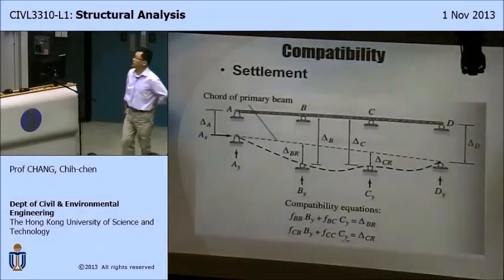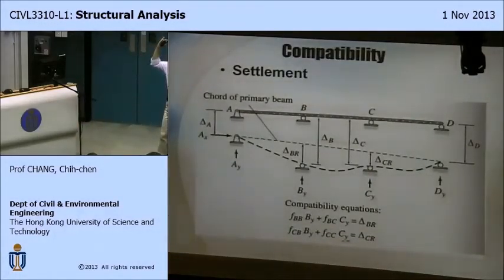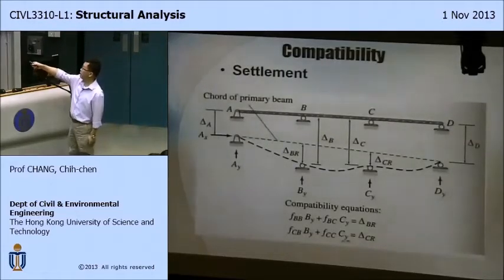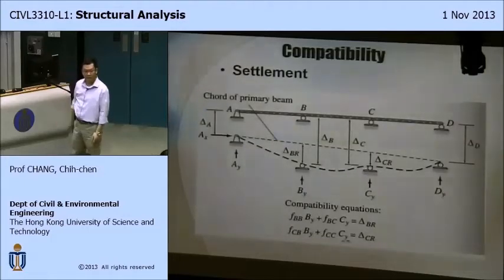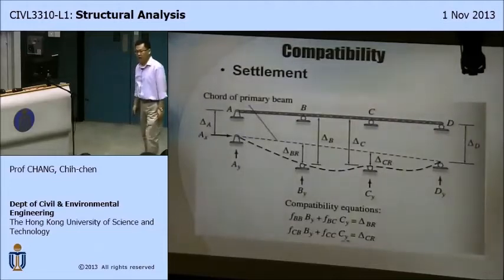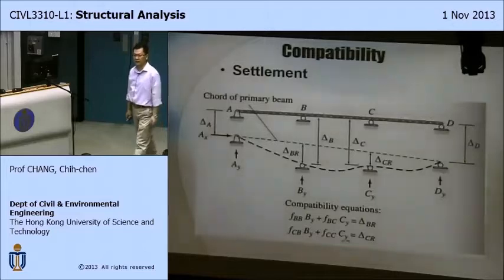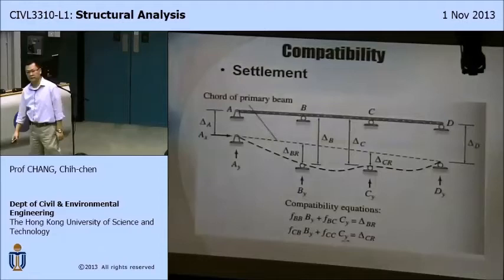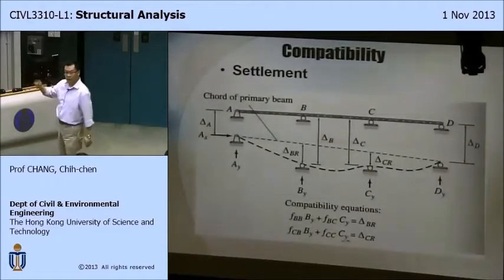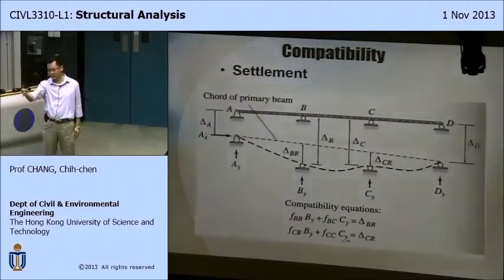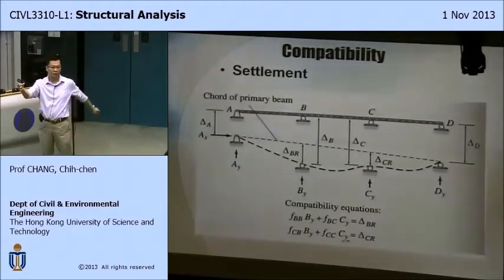Now, for settlements like this, the whole structure settled, not only some of the supports. So if the whole structure settles, then you need to distinguish the settlements into 2 categories. One is called rigid body settlement, and the other is flexible body settlement. So what is a rigid body settlement? Rigid body settlement is when the structure just completely settles without any deformations.